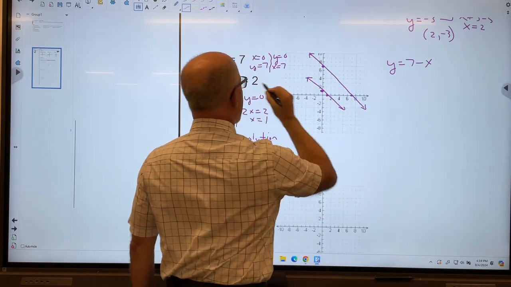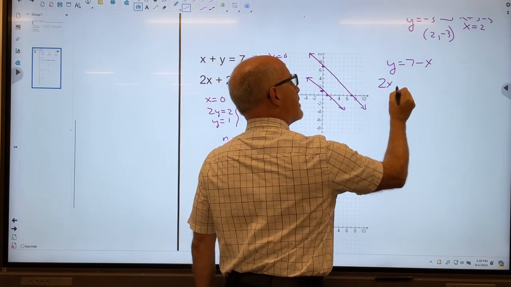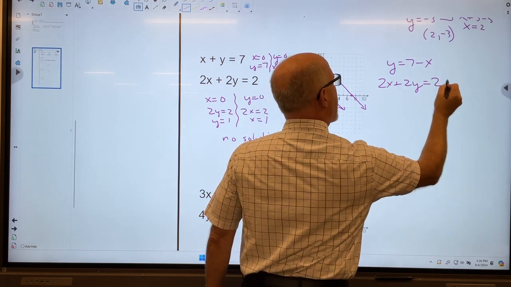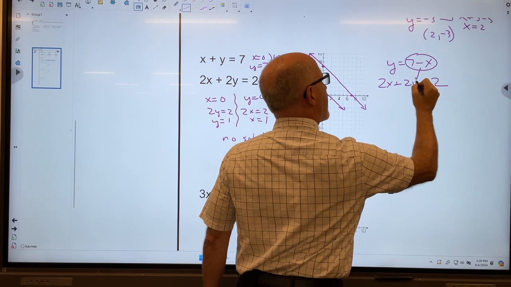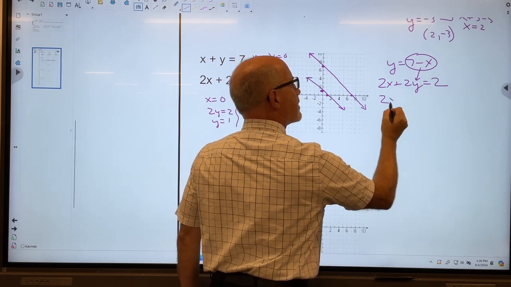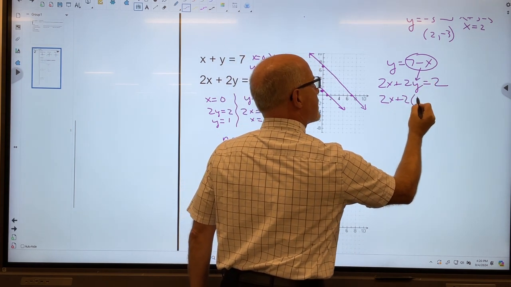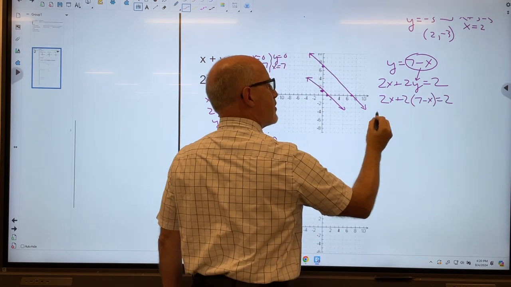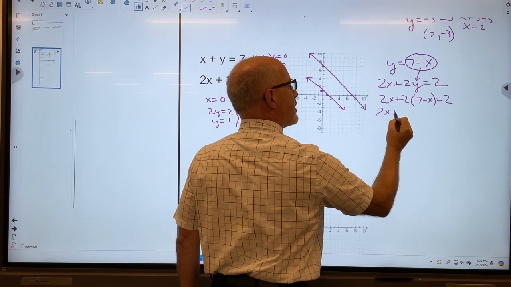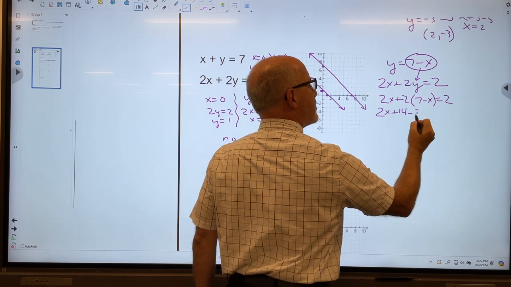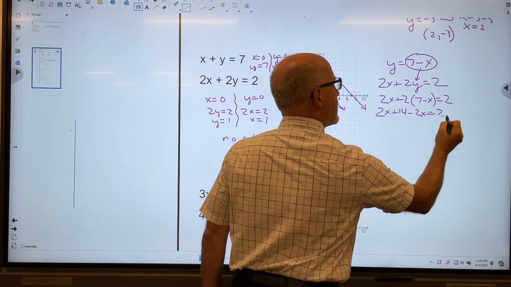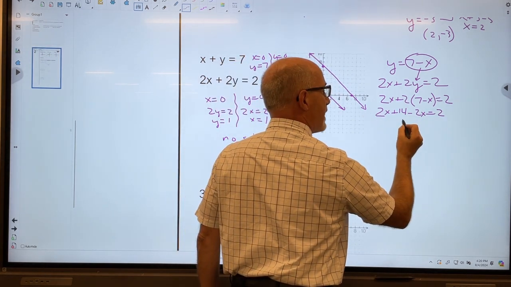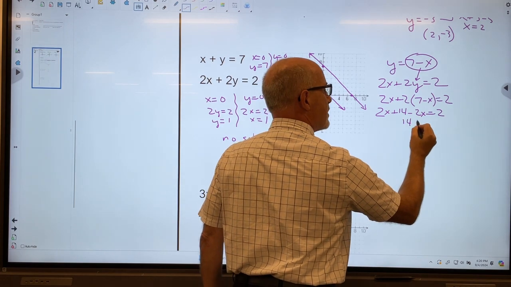I'm going to take the second equation, 2x plus 2y equal to 2. I'm going to put this in for y right there. So we get 2x plus 2 times 7 minus x equals 2. Distribute through, 2x plus 14 minus 2x equals 2. 2x minus 2x gives me no x's, so I get 14 equal to 2.